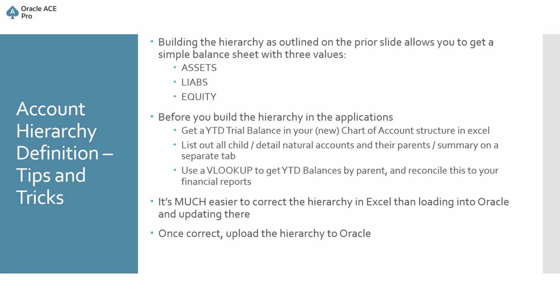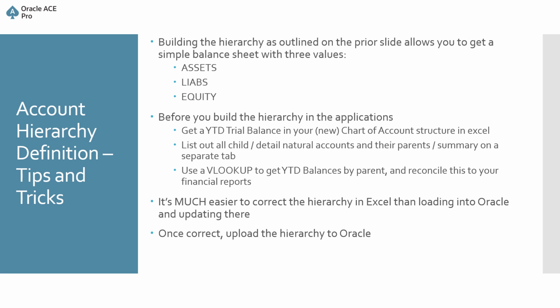Yeah. So if we look at the hierarchy we had on the prior slide, really you can get a simple balance sheet. And again, this is simple with 3 values: assets, liabilities, equity. That will get me a balance sheet.